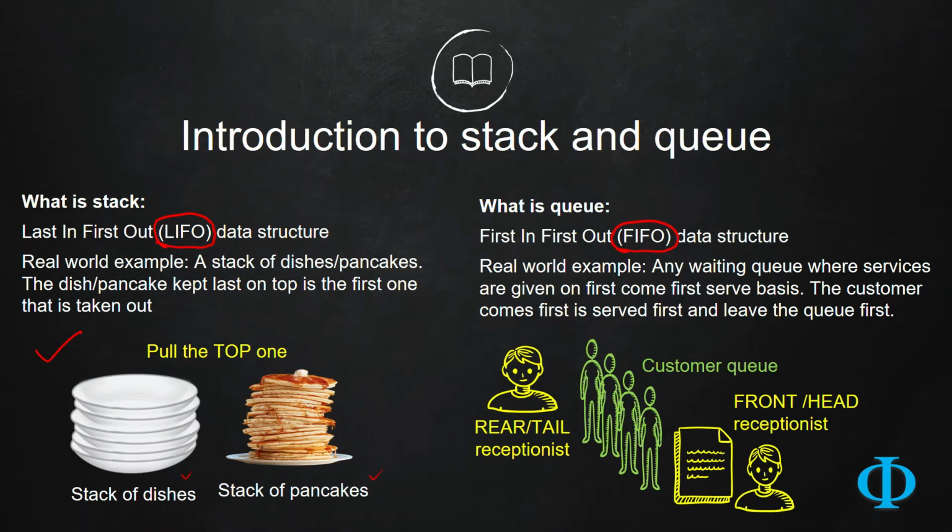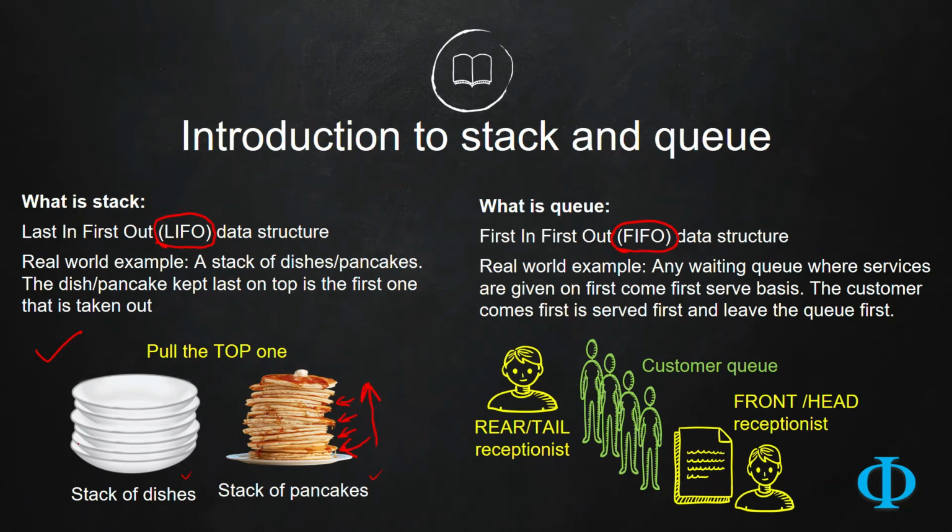Now try to visualize the scenario in your mind. What happens in this case? The restaurant service provider, either the cook or the waiter, puts the pancakes on the plate starting from bottom to up. That is, this pancake is put first, then the next pancake, then the next one, and it grows in this direction.